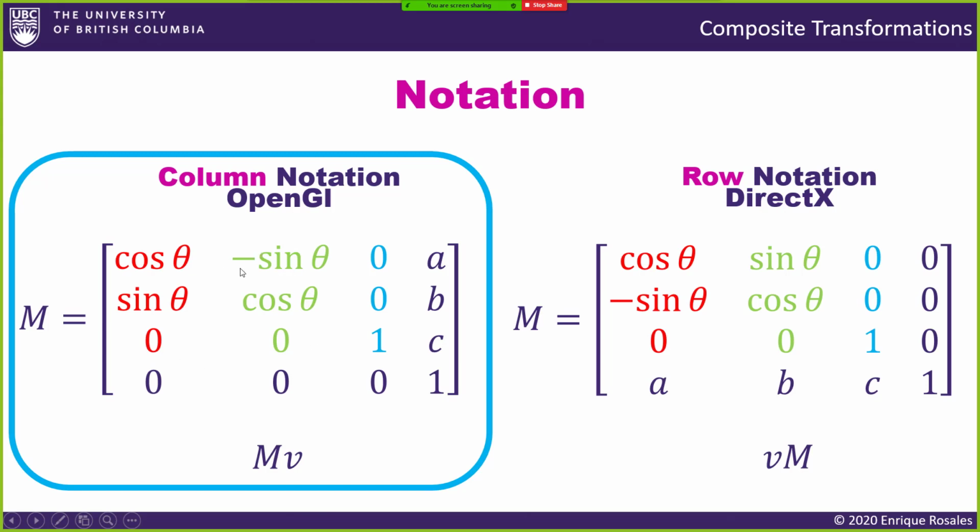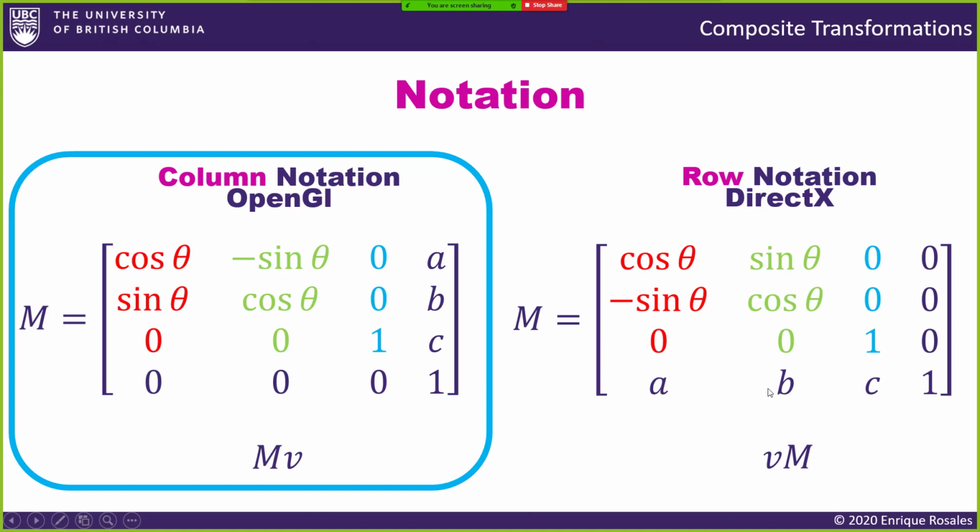As you can see, the difference with the row notation in the rotation part is that you are seeing the transpose, or in this case, the transpose and the inverse of this square matrix, this orthogonal square matrix, which is a rotation matrix. And because it's transposed, now the translation is in this section here.